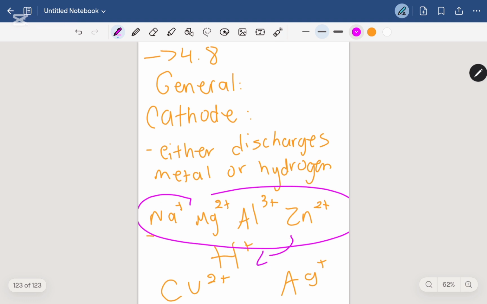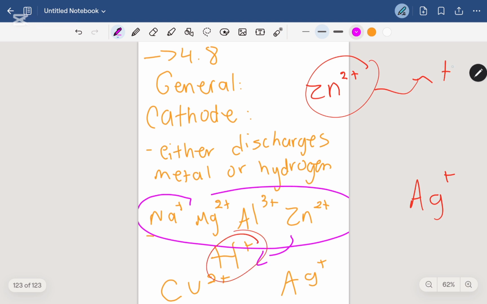Instead, H+ gets discharged. So, for example, if we are dealing with Zn2+ and Ag+ in two different electrolyte solutions, at the cathode the Zn2+ is gonna go there, but instead what's gonna discharge is H+. Whereas since Cu2+ and Ag+ are after H+, they're not gonna change into H+, they're just gonna discharge normally. So Ag+ will go to the cathode and it will discharge as Ag.